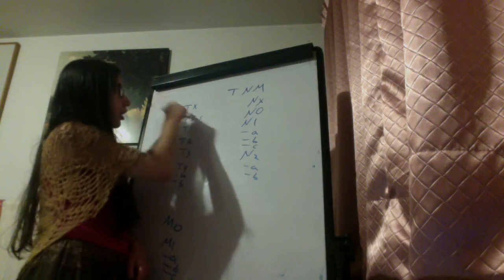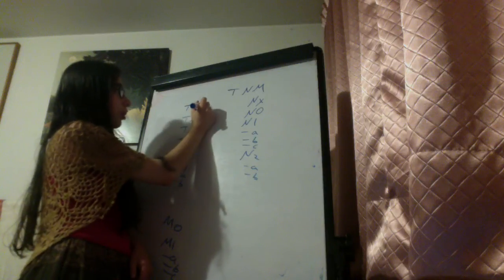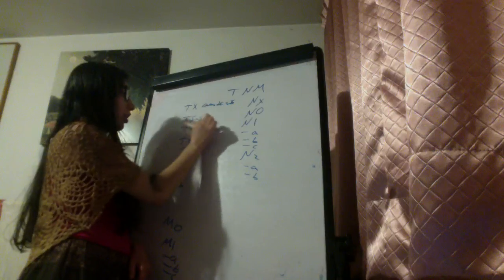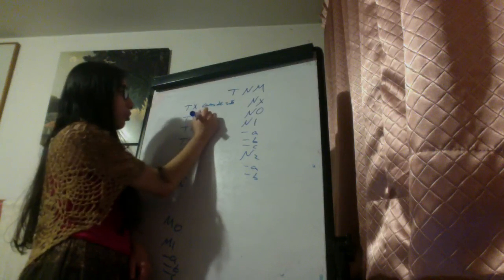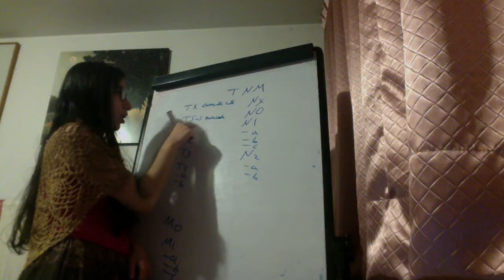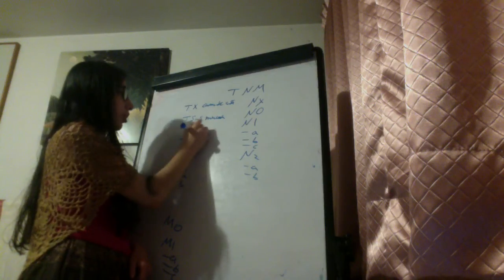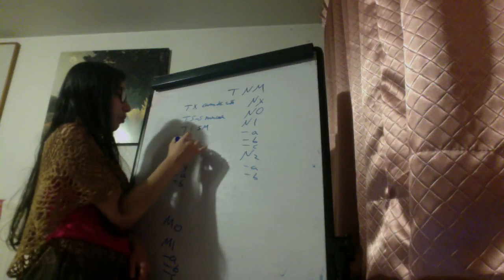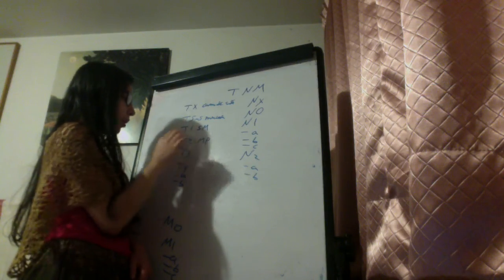So the TX is the primary tumor cannot be assessed. T0 is the tumor limited to the mucosa, carcinoma in situ. T1, there is involvement of the submucosa. T2, the tumor involves the muscularis propria.